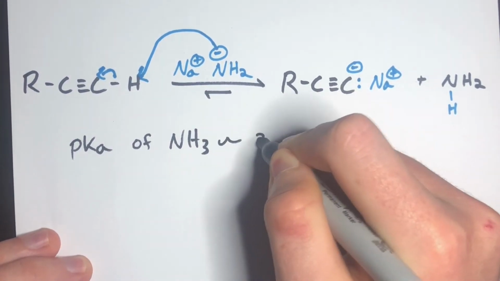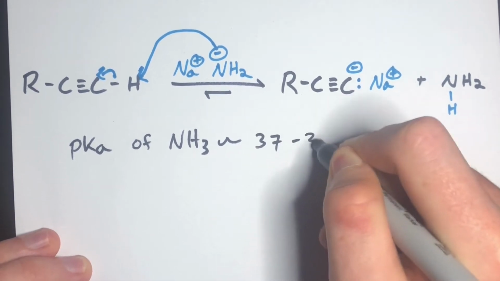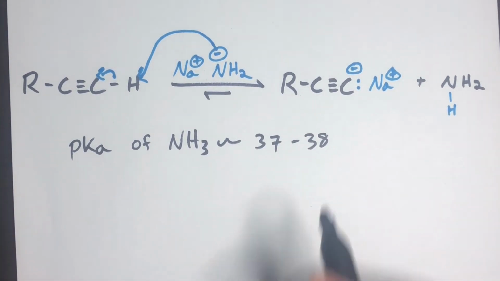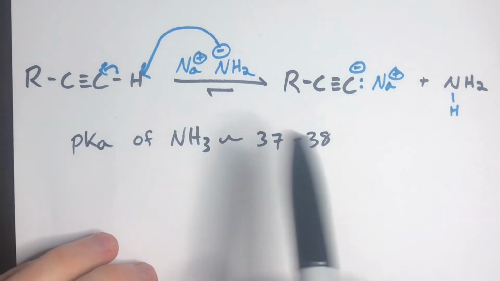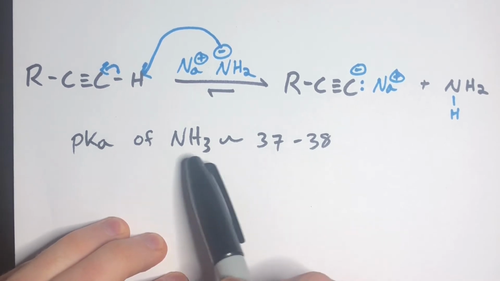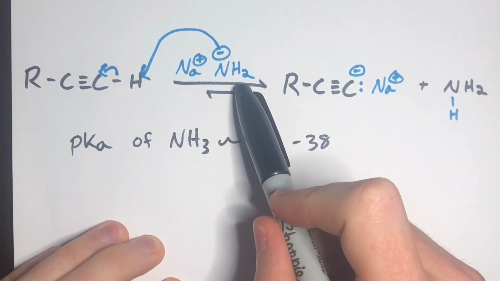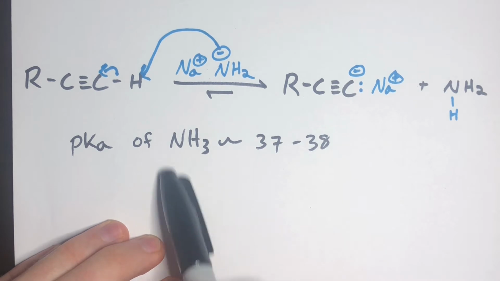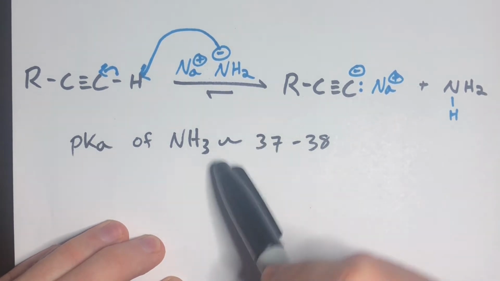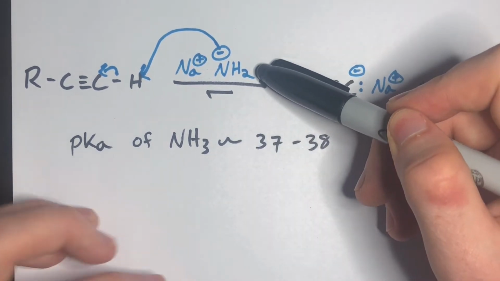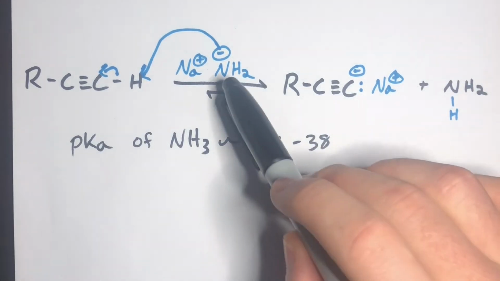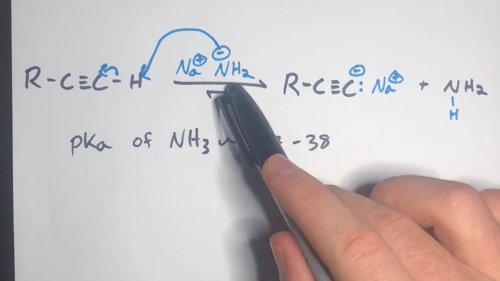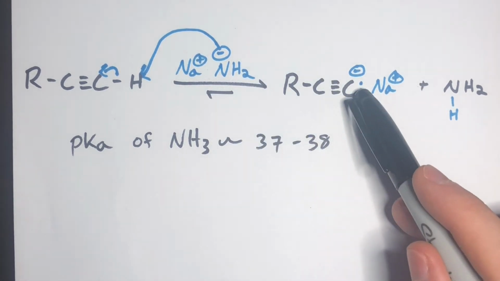I think it is about 37 or 38, something in this region, which is extremely high. That means the weaker the acid, the stronger the conjugate base. So here we have ammonia, NH3, and its conjugate base is NH2. Since these protons are so weakly acidic, this base is extremely basic. Because of that, NH2 is a stronger base than this alkyne with a negative charge.